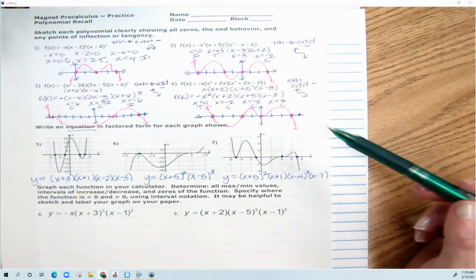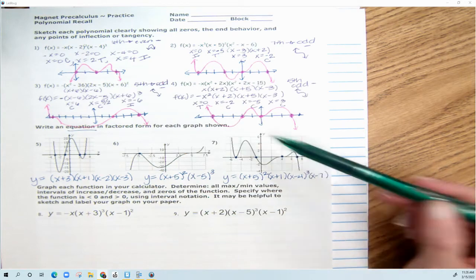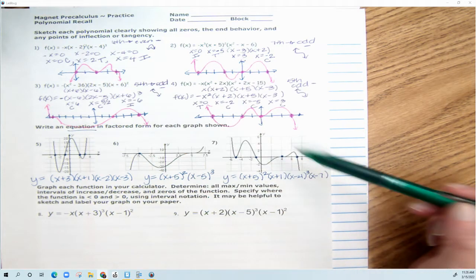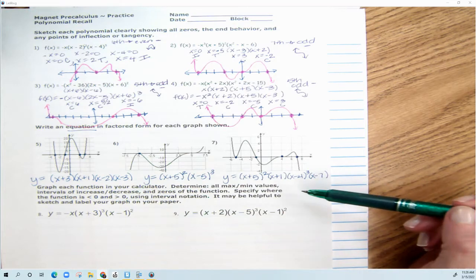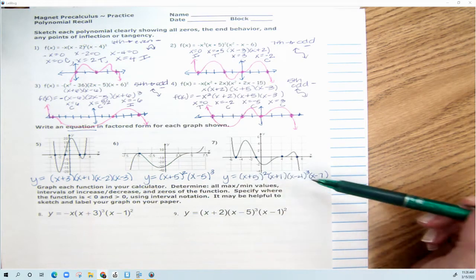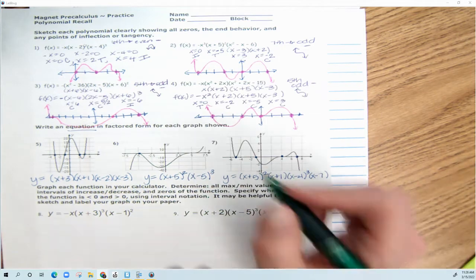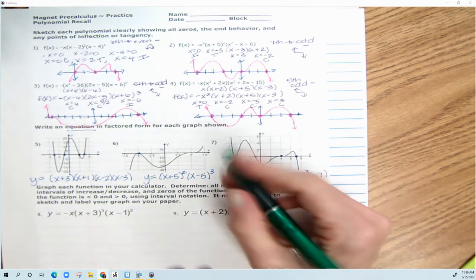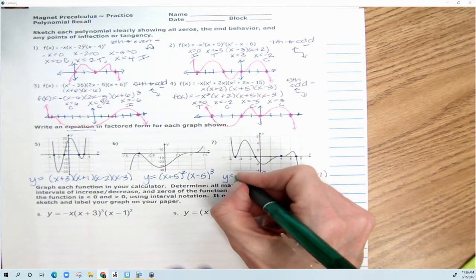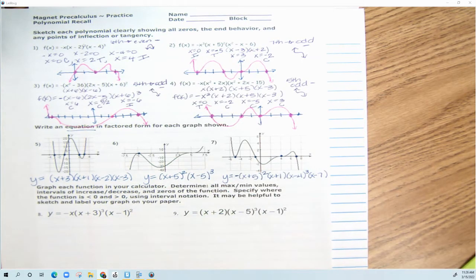Then lastly, check your end behavior. This goes up on the left and down on the right, which is true for all odd negative functions. So if I've done everything right to this point, the odd part should be odd positive. If I need it to be odd negative, the easiest thing, and what I highly recommend, is you just throw a negative right after the equal sign, and that'll make the whole thing negative.